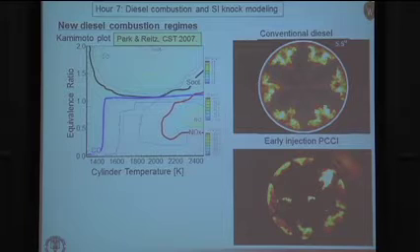So one of the interesting ways of looking at engine combustion was actually proposed by Professor Kamimoto. And he suggested that one could use, say, a constant volume combustor and look at what happens if you have a homogeneous mixture at a certain equivalence ratio and at a certain temperature, and you leave it that way for some milliseconds, typical of the time of interest in the diesel engine.